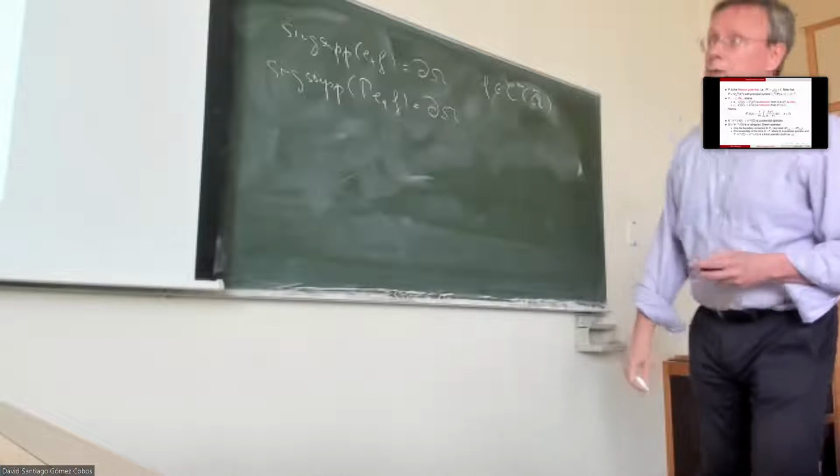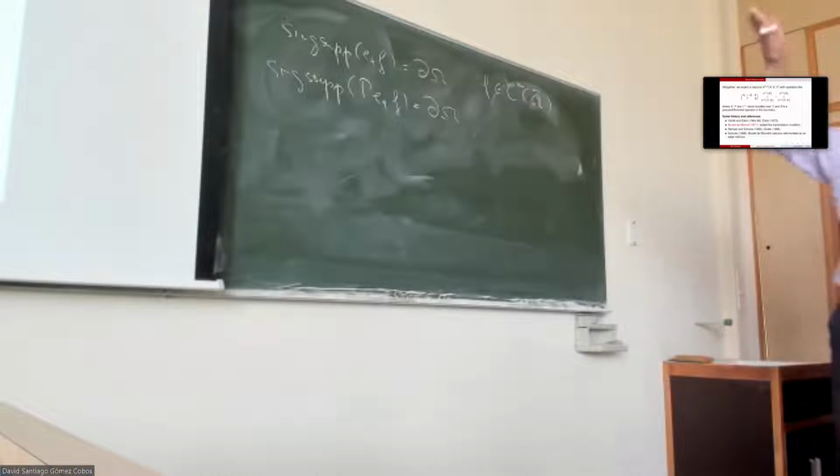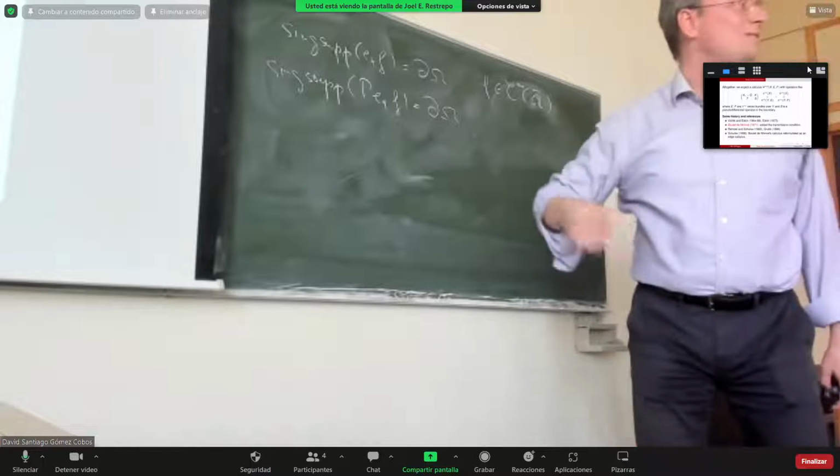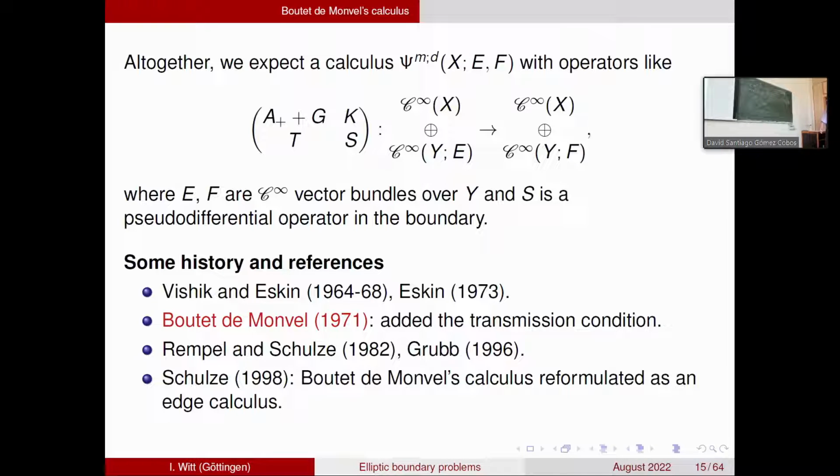There's one algebraic condition which helps. This is the transmission property. I'm too fast, sorry, I was on the next slide. So first of all, the whole calculus: we get such rows, such columns, and then we fill up a two-by-two matrix, and we expect operators of that form.